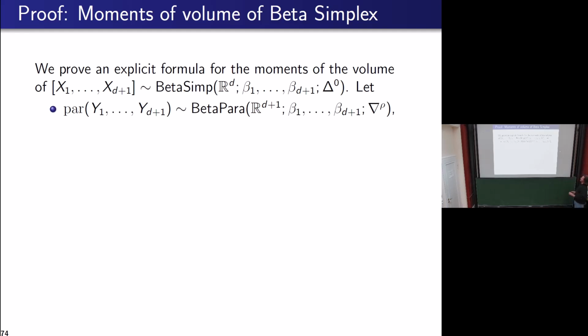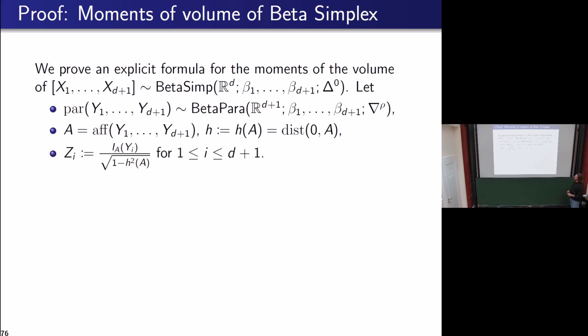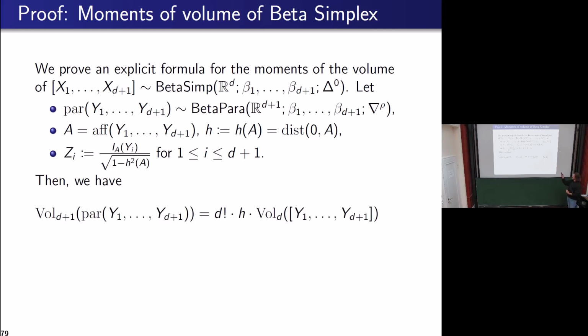So we start with such a beta parallelotope. This is now volume weighted with the power rho. We again denote the affine hull of the points by A, and the distance by h(A). And we introduce the rescaled points, Zi. And now what we have is, this volume is equal to this volume, which is just a geometric relation from the beginning.